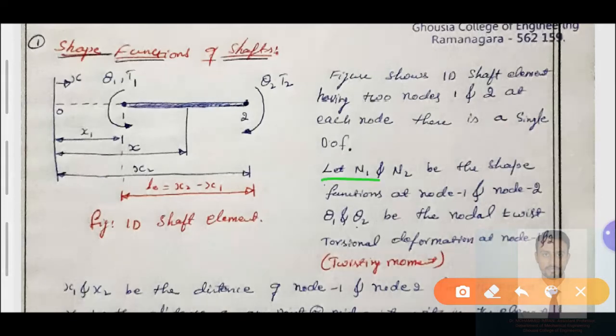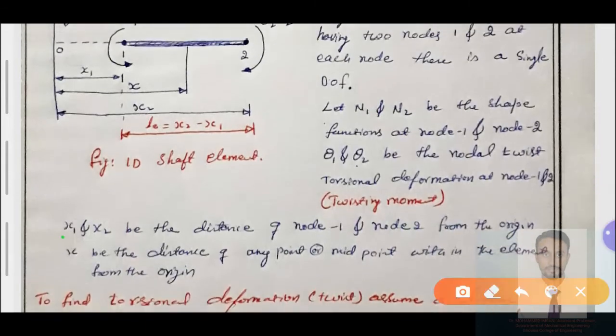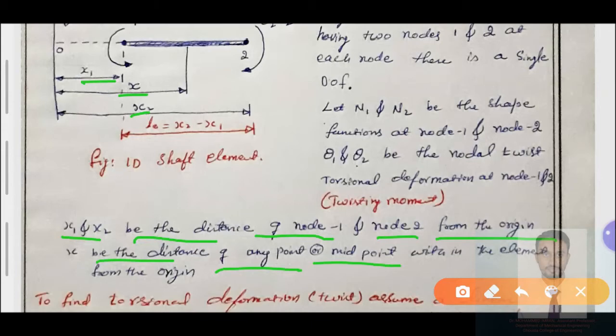Let N1 and N2 be the shape functions at node 1 and 2, theta 1 and theta 2 the nodal torsional deformations, x1 and x2 the distances of node 1 and node 2 from the origin, and x the distance of any point within the element from the origin.